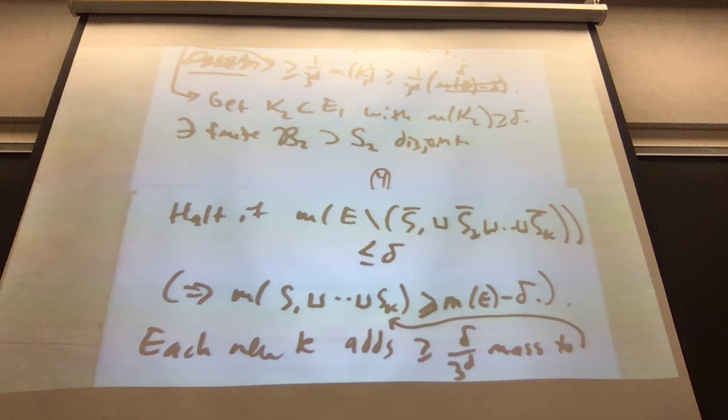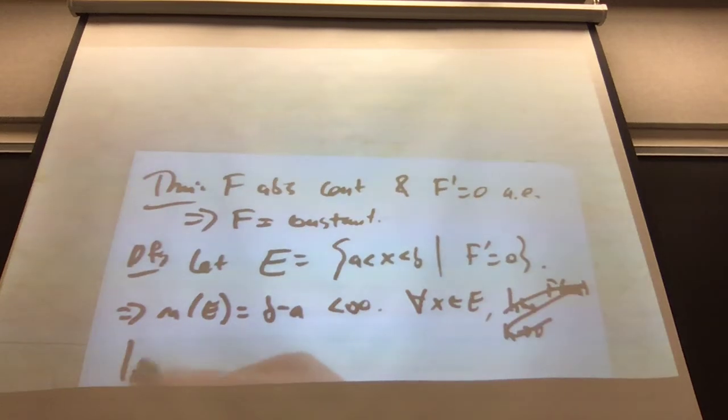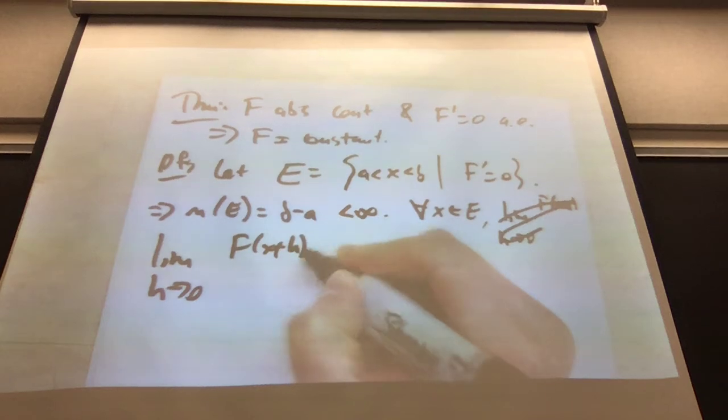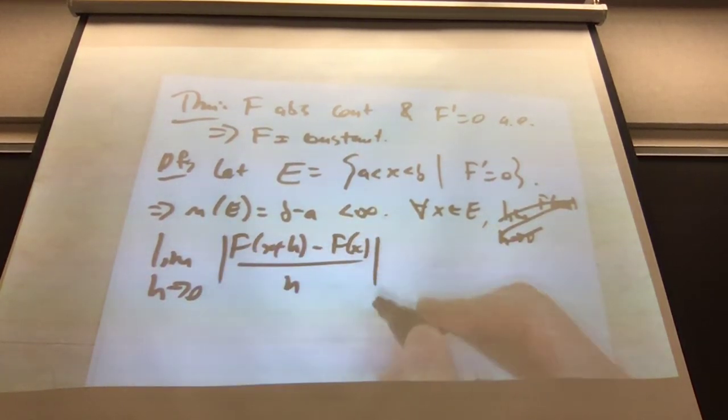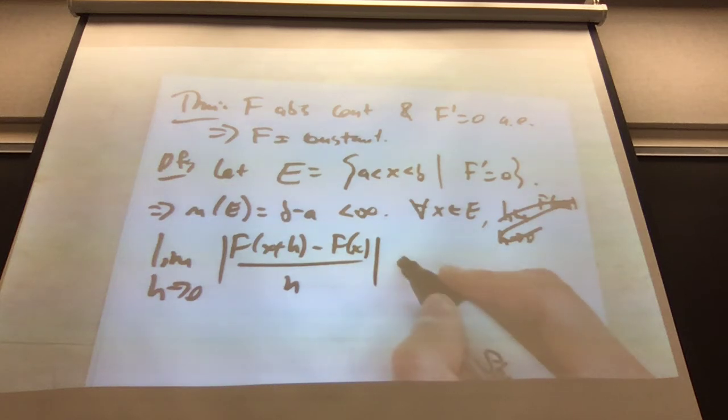What does it mean that the derivative is 0 for all x in E? The limit as h goes to 0, of the absolute value of (f of x plus h minus f of x) over h, is 0.